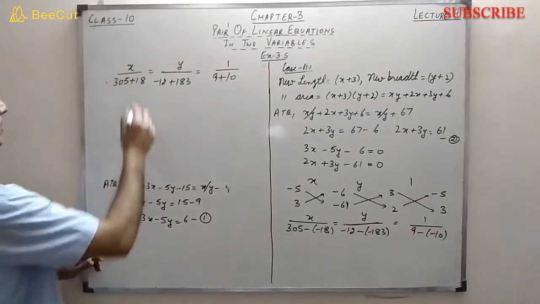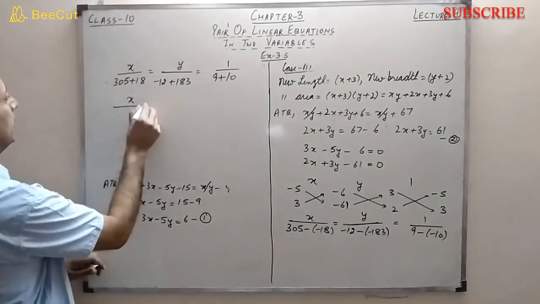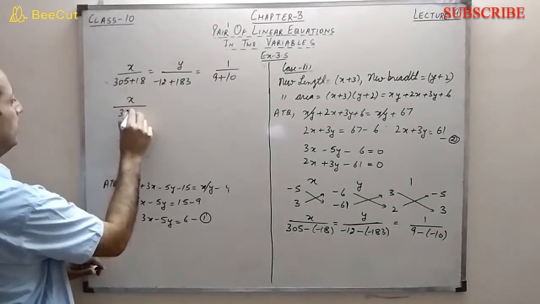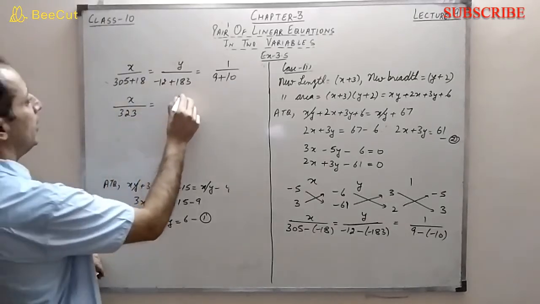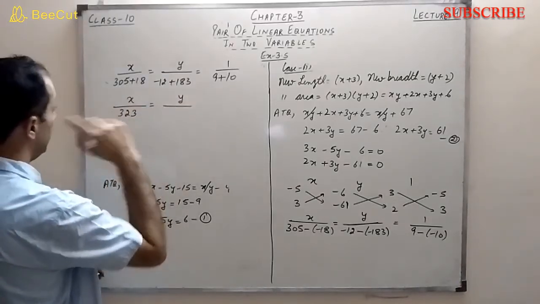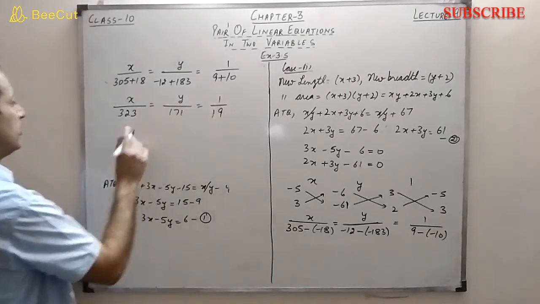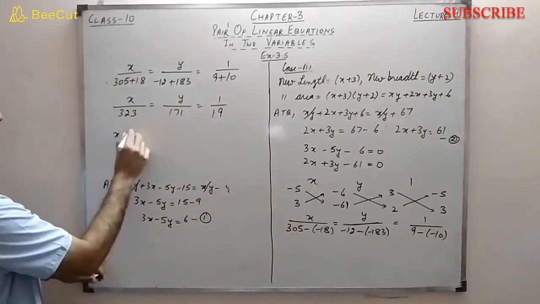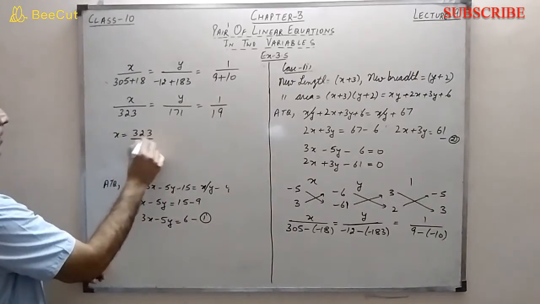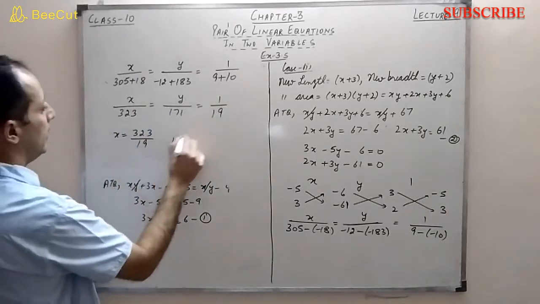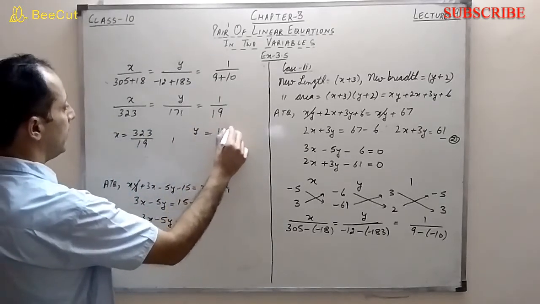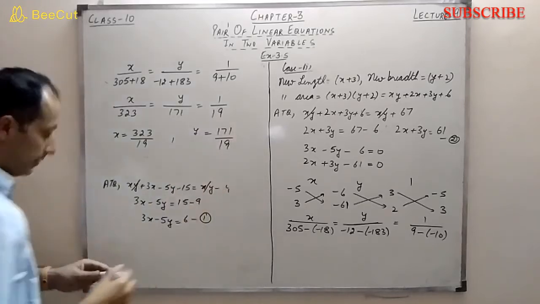So this is x upon 323 equals y upon 171 equals 1 by 19. So just simplify, x is equal to 323 upon 19 and y is equal to 171 upon 19.